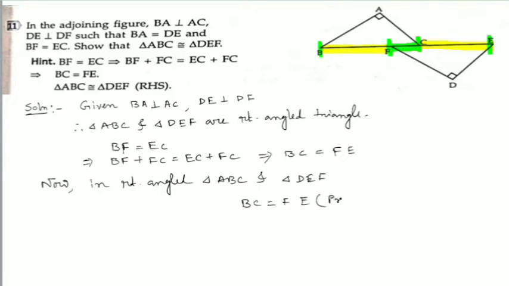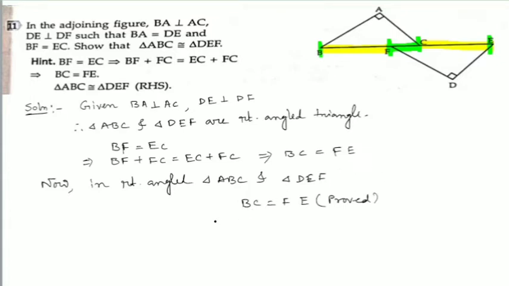This is proved. I have already proved it. And BC and EF are both hypotenuse of the triangle ABC and DEF respectively, because BC is opposite side of the right angle A and FE is the opposite side of the right angle D. Okay, therefore both are hypotenuse, and here both hypotenuse are equal.